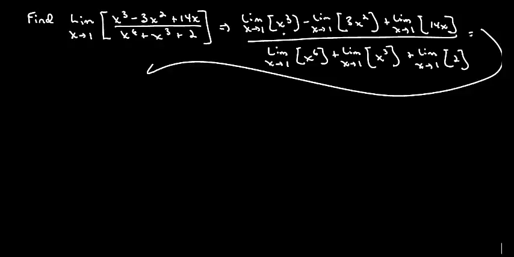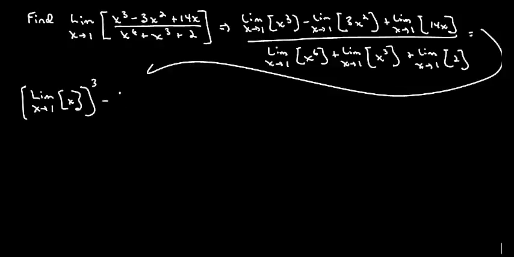I can take this and use the product rule 3 times and the identity rule once to get the following. So the limit as x approaches 1 of x, and I've got 3 of those, so multiplying those together 3 times, I'll cube it.